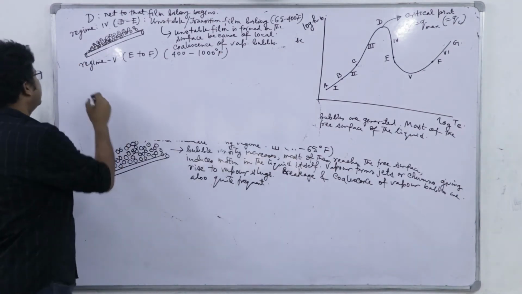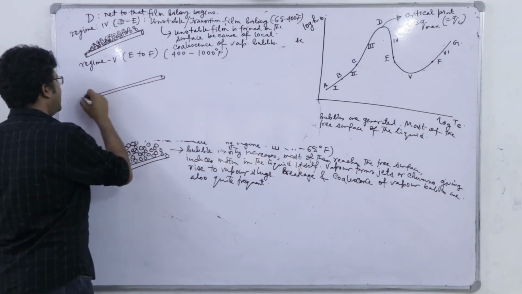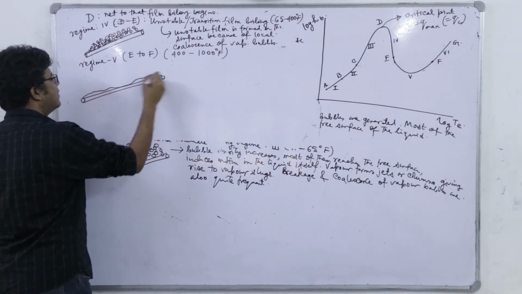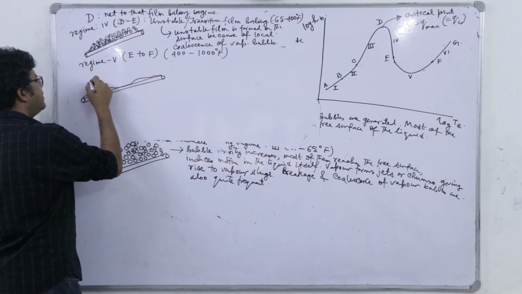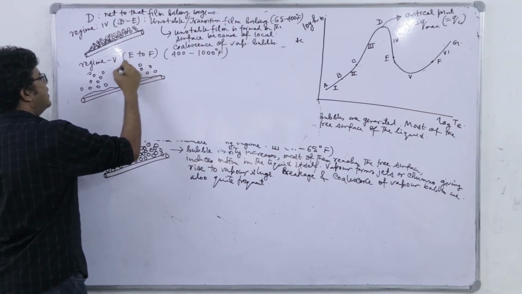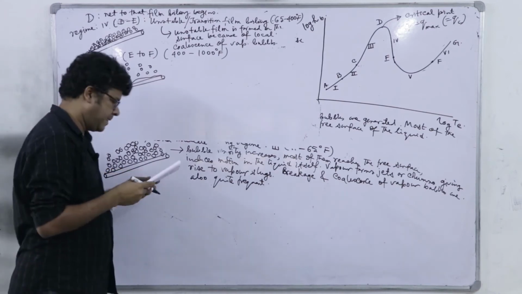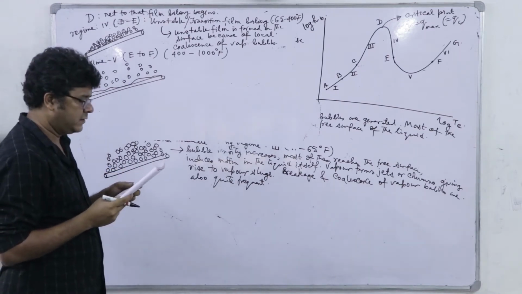So, here the situation is that we have a stable film on the surface, right, and the vapor bubble generates from the upper surface of this film. So, that is the situation here. So, what are the basic characteristics?